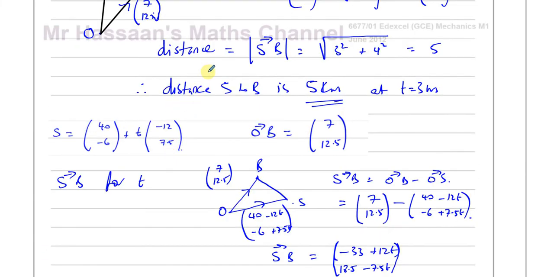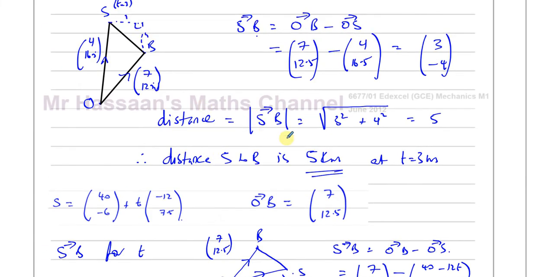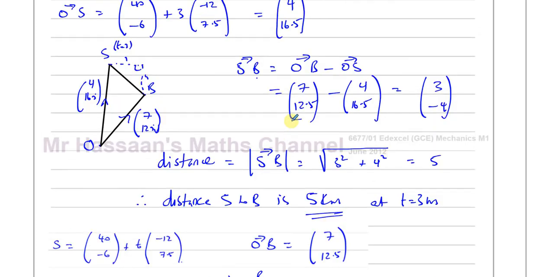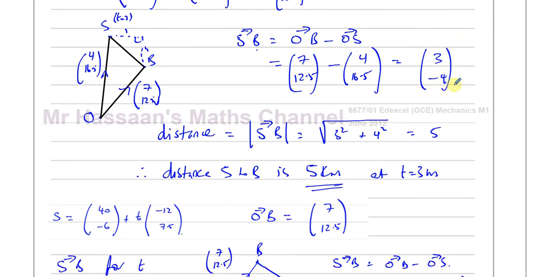Now I've shown you two different ways of doing this. One is to first find the position vector of B at time equals 3 hours, and then find the vector from S to B using that particular position.